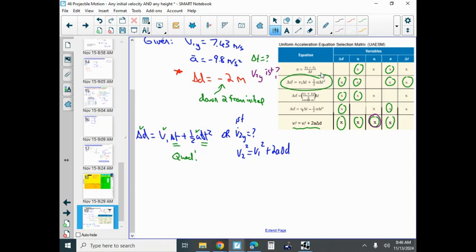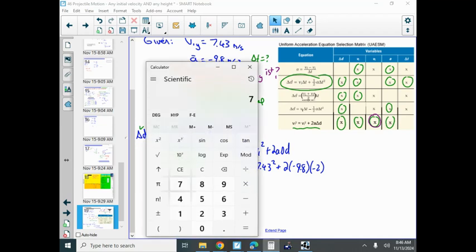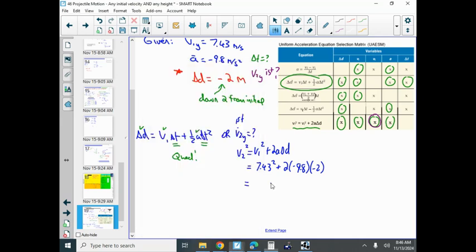So let's do the v2 one first. So let's get v2 squared equals v1, 7.43 squared, plus twice negative 9.8, and we have the down 2, and so we've got numbers here to calculate. 7.43 squared, 55.2049.